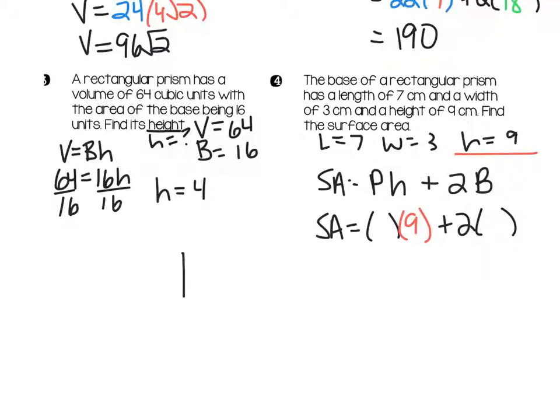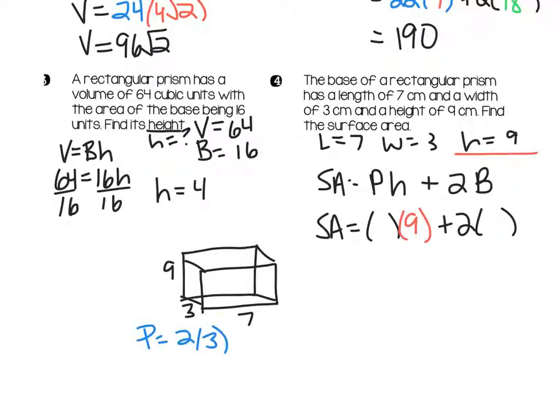So I'm going to draw a picture. To draw a rectangular prism, if you don't know, just draw 2 rectangles offset from each other and then connect the vertices. So length is 7, width is 3, height is 9. And now it's like the problem up at the top. So my perimeter is going to be 2 times 3 plus 2 times 7, which is 6 plus 14, 20.